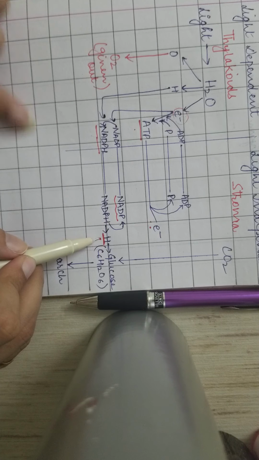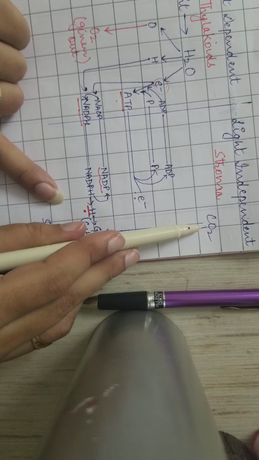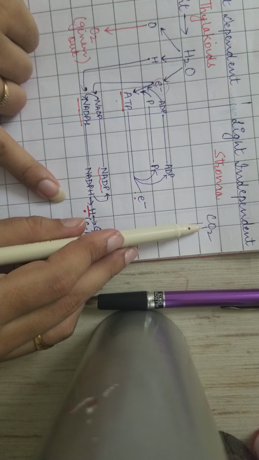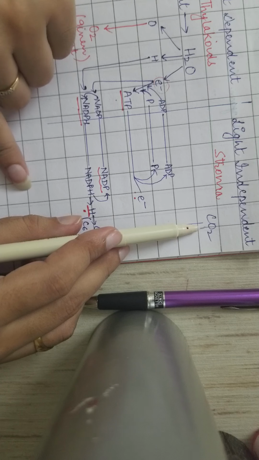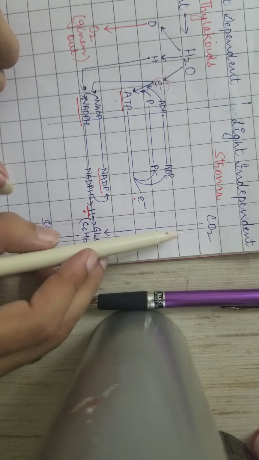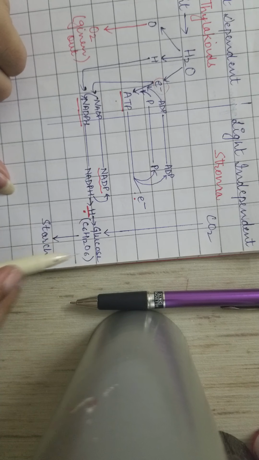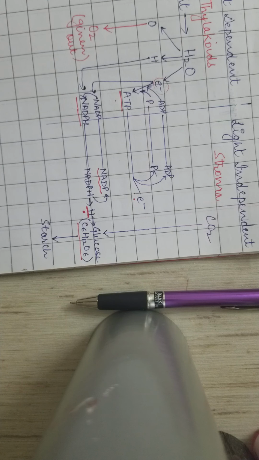That hydrogen, along with the carbon dioxide which is present in the chloroplast by the diffusion of gases through the stomatal pore, will form glucose, C6H12O6.